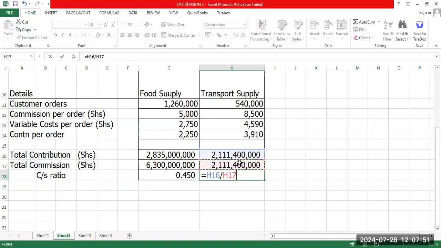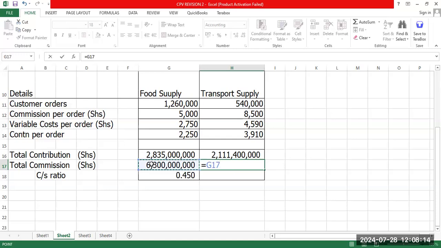But here I made a mistake. How did we get total commission? To get total commission, we are getting customer orders. Remember, commission is commission per order.